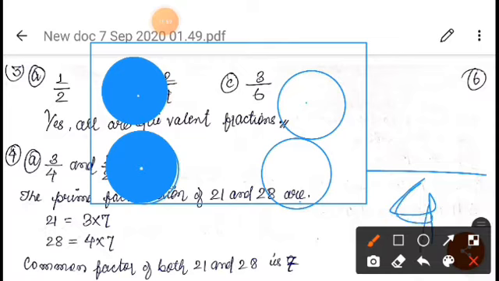And how many parts are shaded? 2 parts, so we can write 2 by 4. In this way number 3 is also the same, okay?